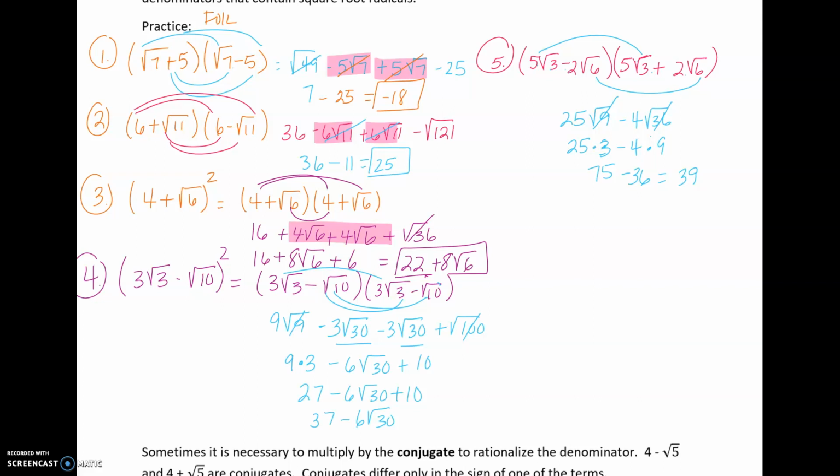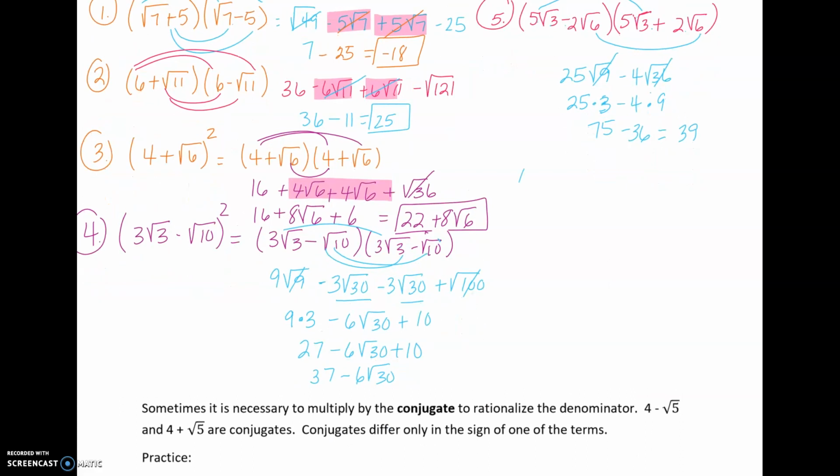Okay, so let's have you try a couple and see if you get the correct answers. You have 7 times the square root of 5 plus 11 times 2 times the square root of 5 minus 6. Your answer should be 4 minus 20 square root of 5.